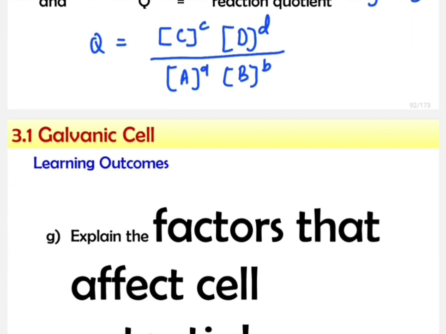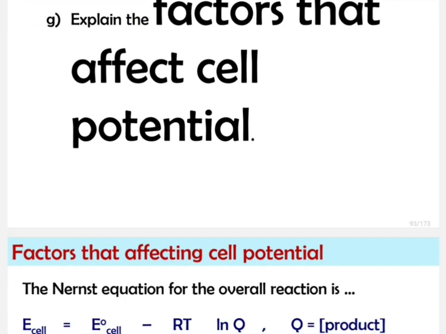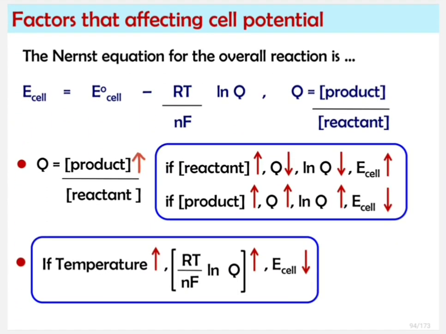Okay, alright, so sekarang kita tengok the outcome yang seterusnya, factors that affect the cell potential. So consider that this is the Nernst equation. Kita akan refer Nernst equation ni untuk kita tengok factor yang akan affect the value of E cell. First kita tengok daripada segi Q, kita ada product dan reactant. If you increase the concentration of reactant, Q will decrease, inversely proportional.